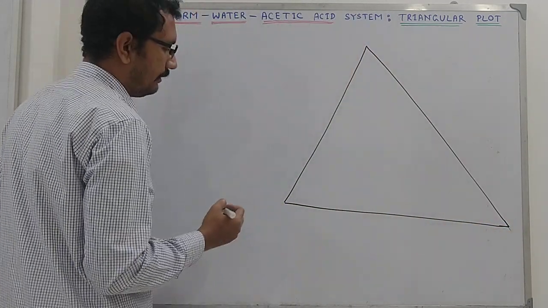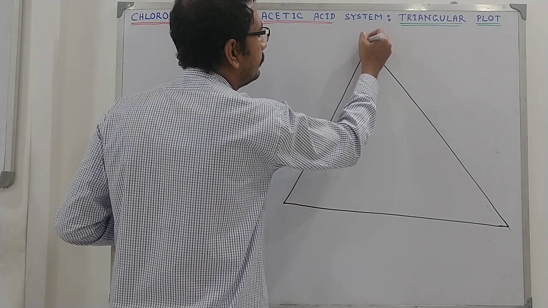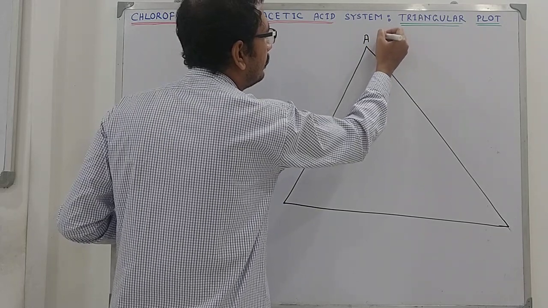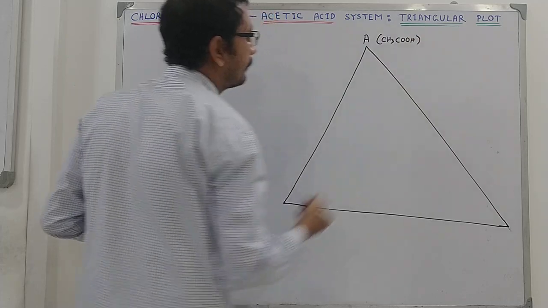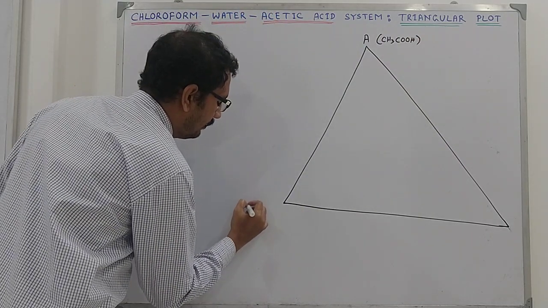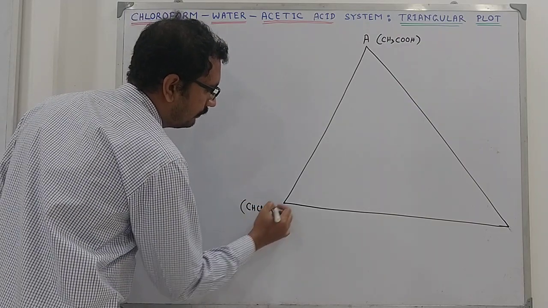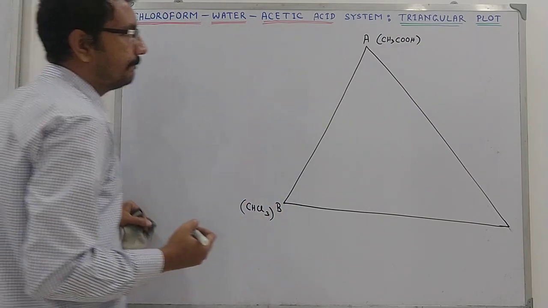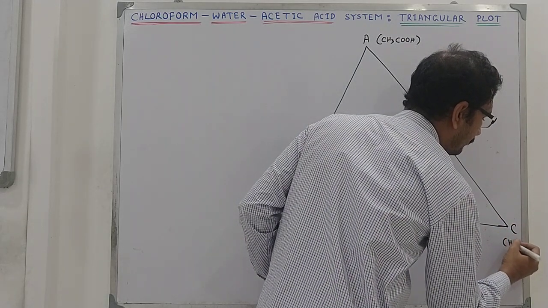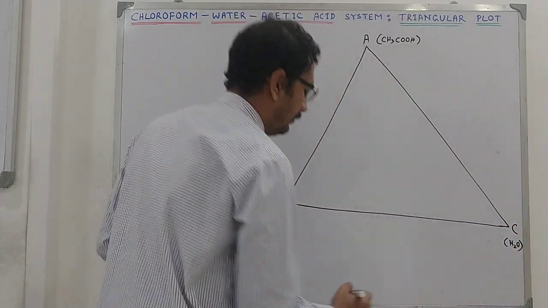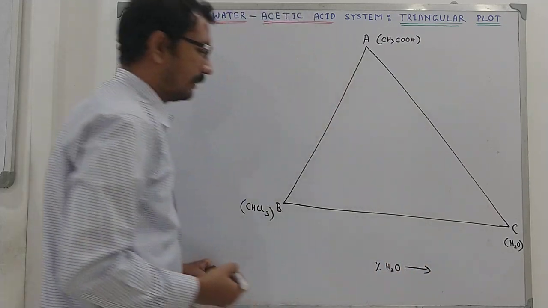Now let us represent this one A, it is acetic acid, and this one as chloroform, it is B, and this one to be water. So you see percentage water will increase in this direction.